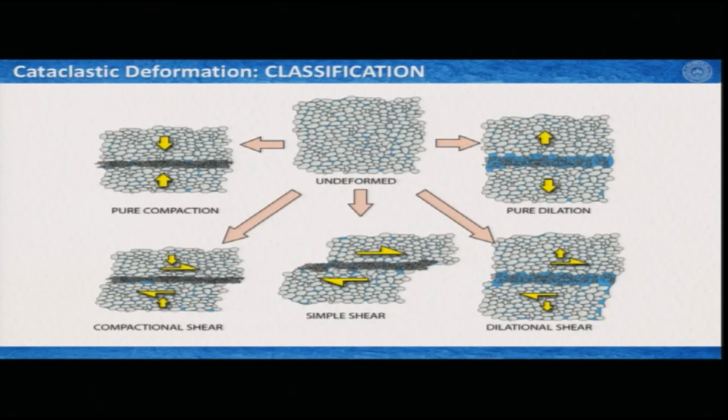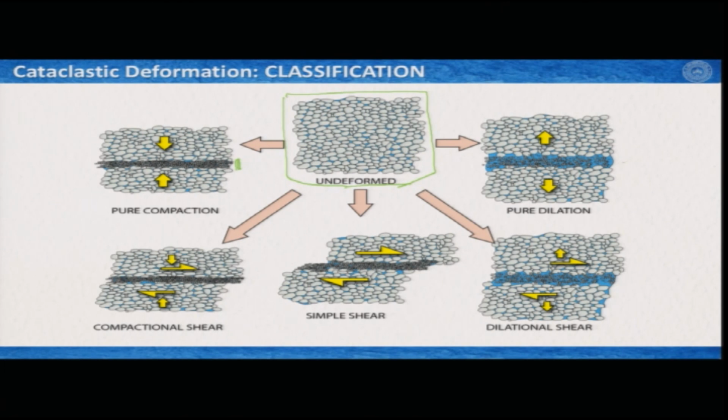Now, talking about porosity reduction or permeability reduction, particularly applicable for localized cataclastic deformation, here I try to give you a summary diagram, some sort of classification diagram. If I consider this one as an undeformed setting of grains and these blue things behind are your pore spaces, then you can have pure compaction without any shear component. The rocks can deform and then it can form localized cataclastic deformation.